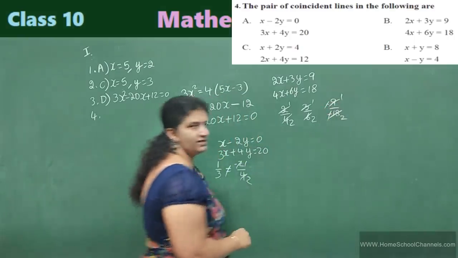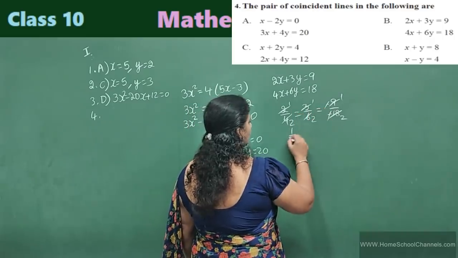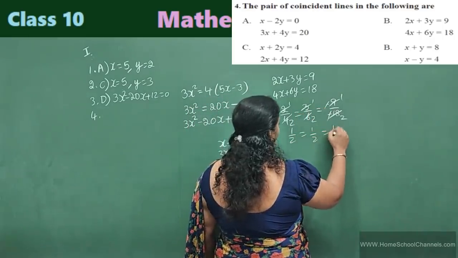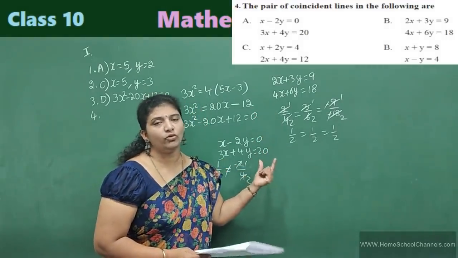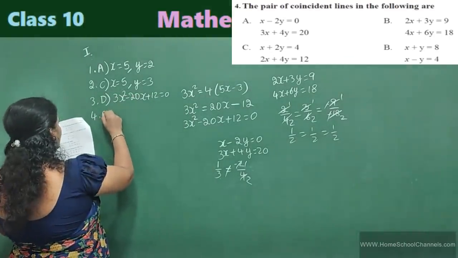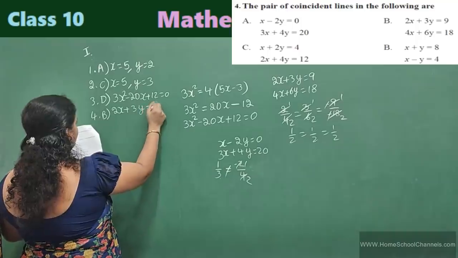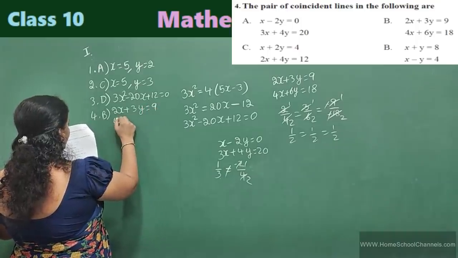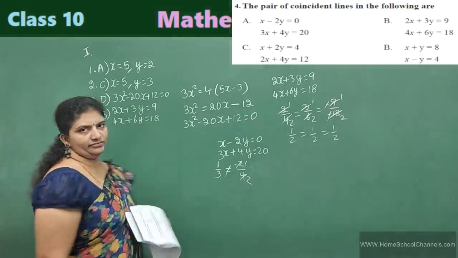Minus minus cancel. So observe here, all the ratios are equal. 1 by 2, 1 by 2, 1 by 2. Therefore, these two equations form coincident lines. So let's go with the answer. Option B, 2x plus 3y is equal to 9 and 4x plus 6y is equal to 18.